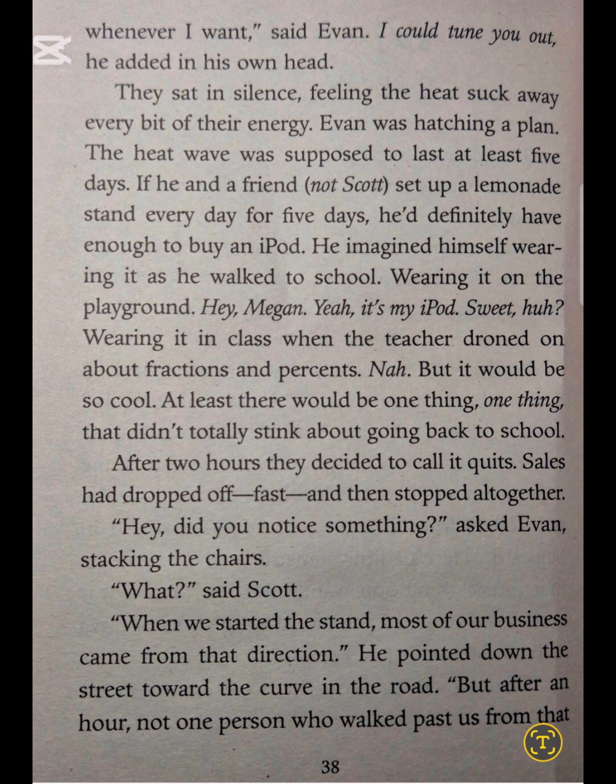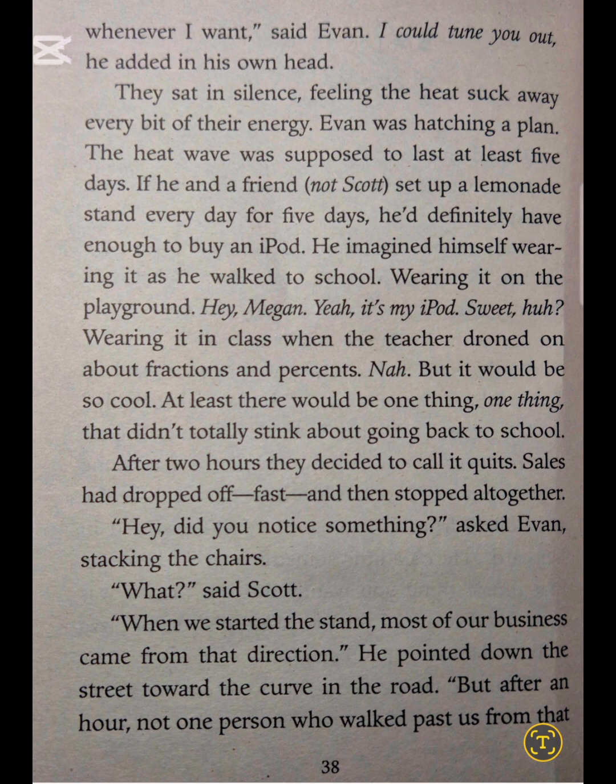After 2 hours, they decided to call it quits. Sales had dropped off fast and then stopped altogether. "Hey, did you notice something?" asked Evan, stacking the chairs. "What?" said Scott.